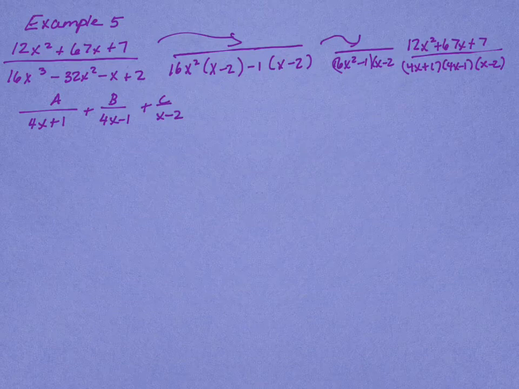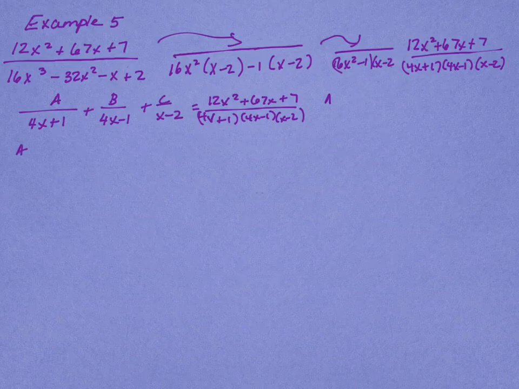Okay, so let's get a common denominator. That's all equal to 12x squared plus 67x plus 7. The common denominator is 4x plus 1, 4x minus 1, and x minus 2. I'm going to start down here so I have room.